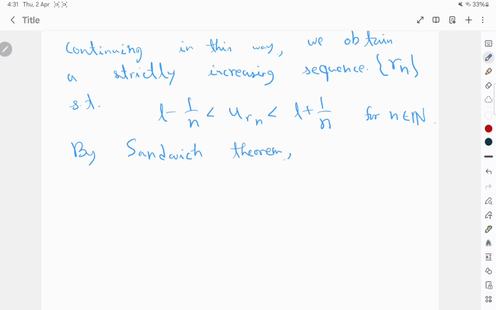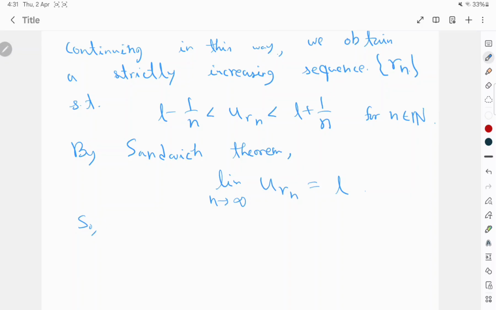Theorem: the limit as n tends to infinity of U Rn is L. That means you got a subsequence, right?